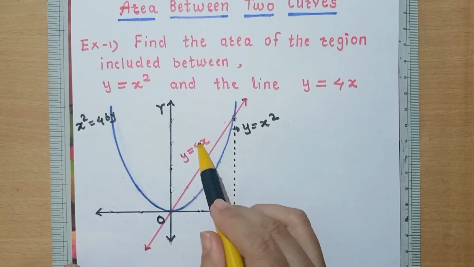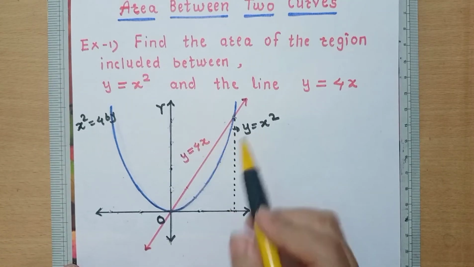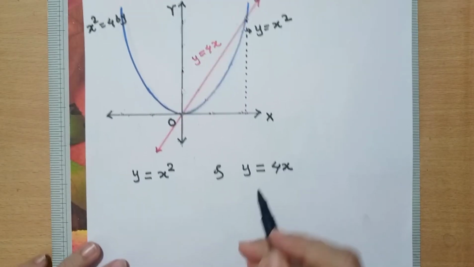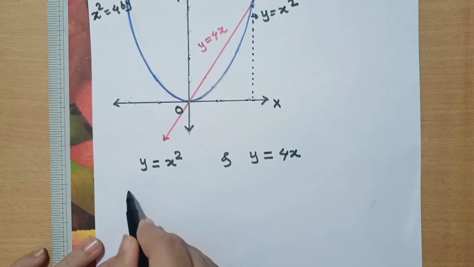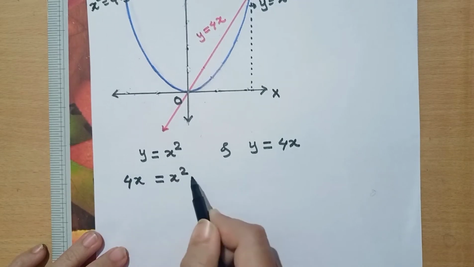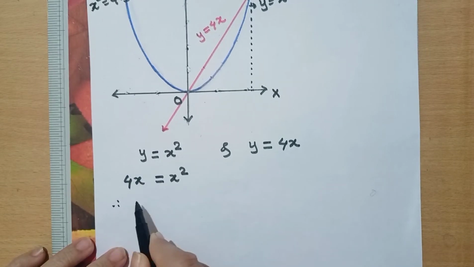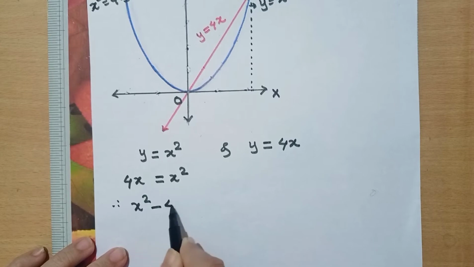So first we will solve these two equations simultaneously. So we will substitute the value of y, 4x here. So I am writing here 4x. Move this term that side. Therefore we have x square minus 4x equal to 0.